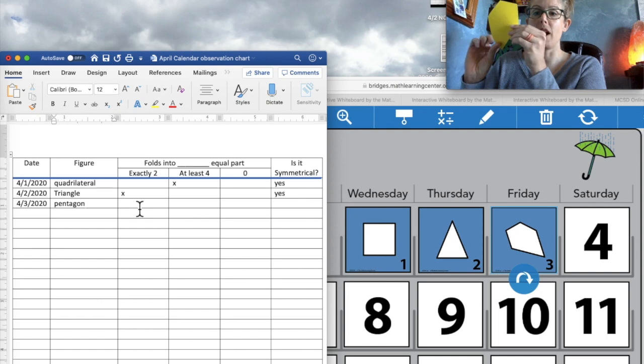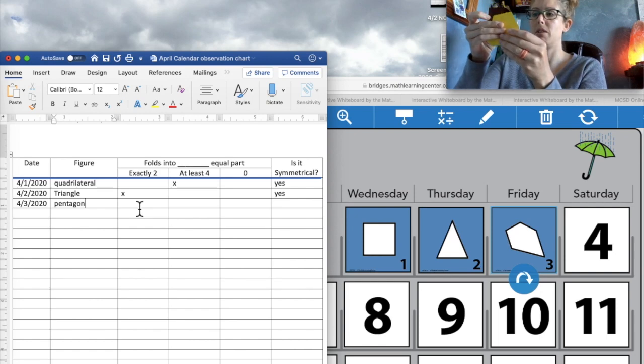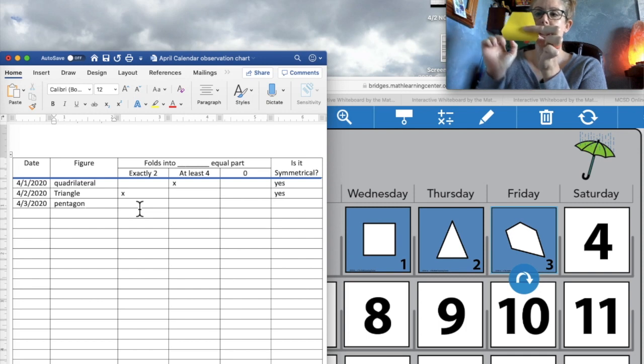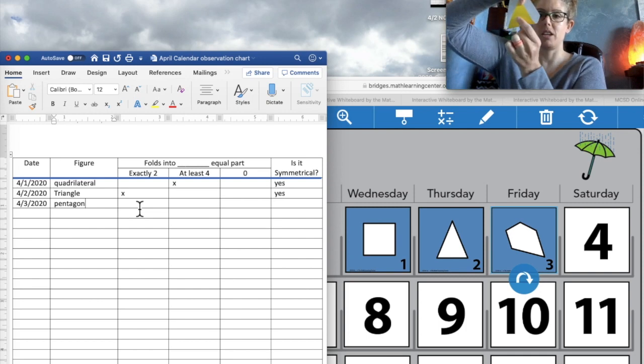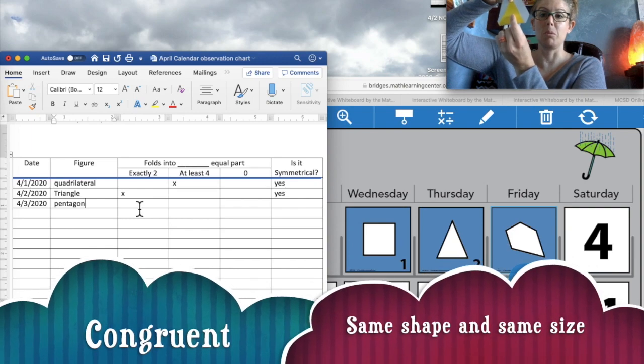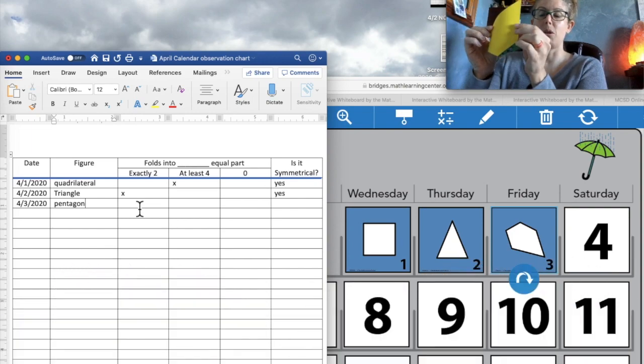So let's try, how about tip to the top. Okay, look, there's that half. Would that be equal? Nope, I don't see same shape or same size. I don't see that congruent when we have something that's the same shape and same size. So let's try sideways.